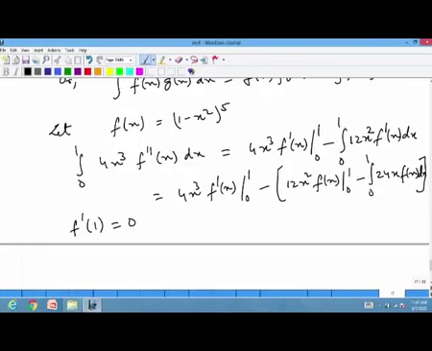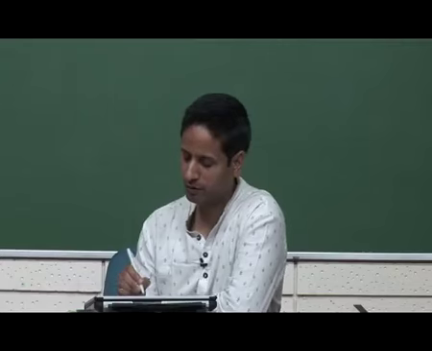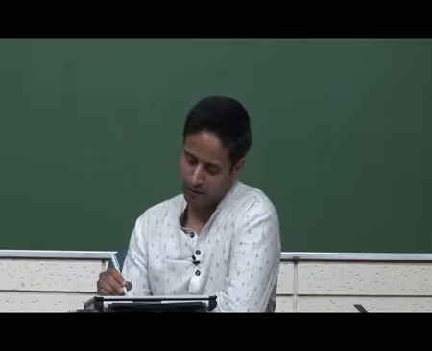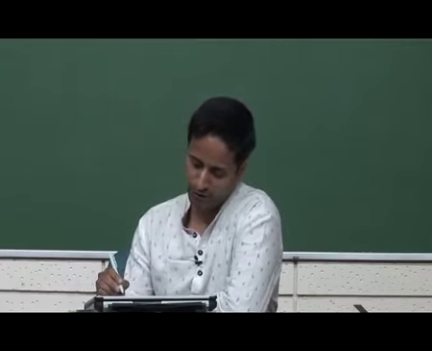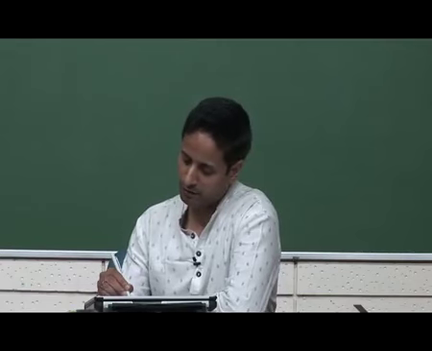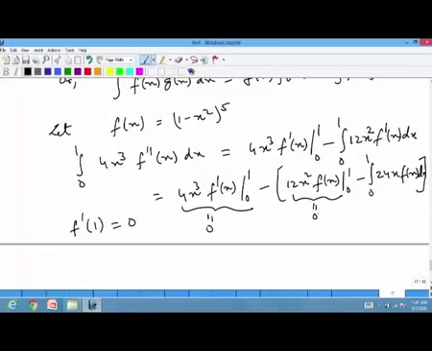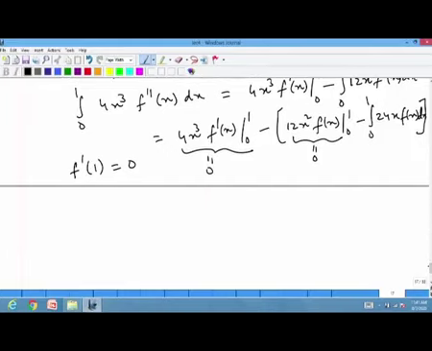So, this part is equal to 0 at 1, and at x equal to 0 we have the 4x cubed term, so this is 0. Similarly, f of 1 is also 0. So, this part is also equal to 0, because f of 1 is 0 and at 0 we have the x squared term.